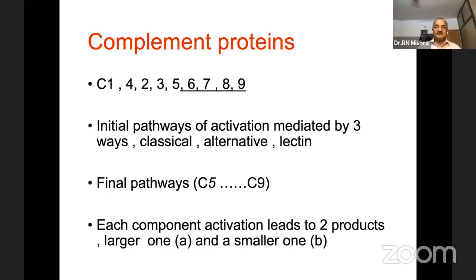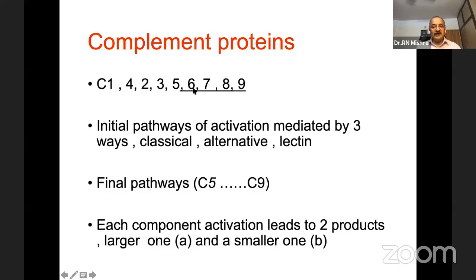This is how they are sequentially activated. One would have thought that it would have been better if C1, C2, C3, C4 got activated in that way. But here there is a different thing: 4 comes before 2 in the activation pathway.